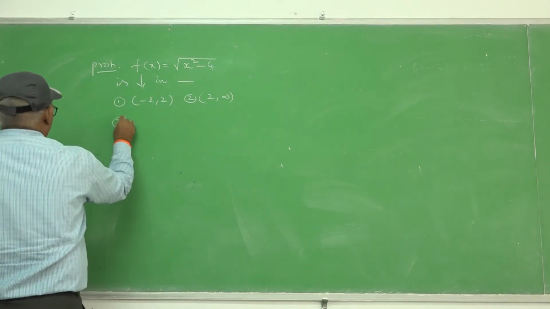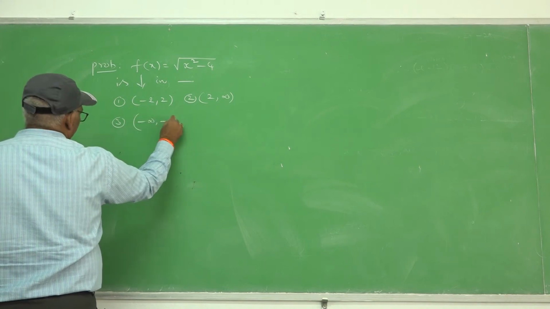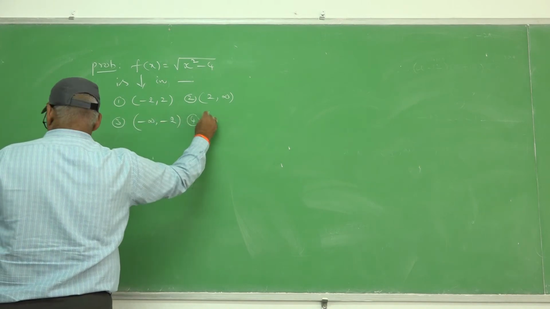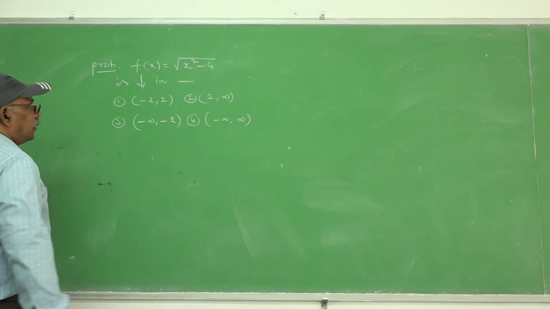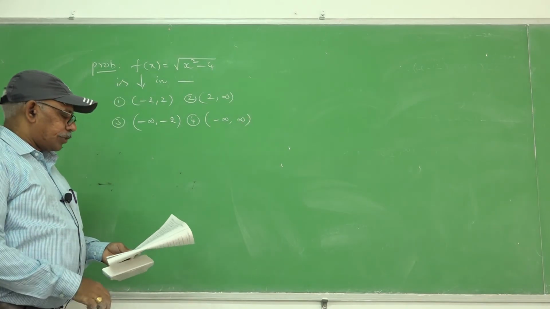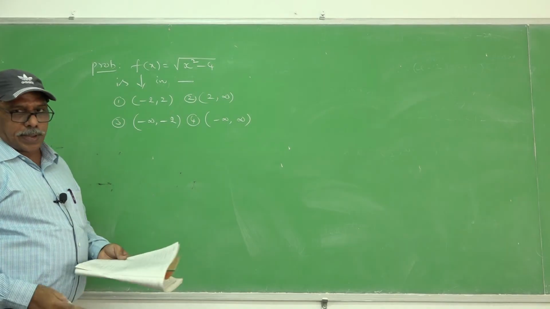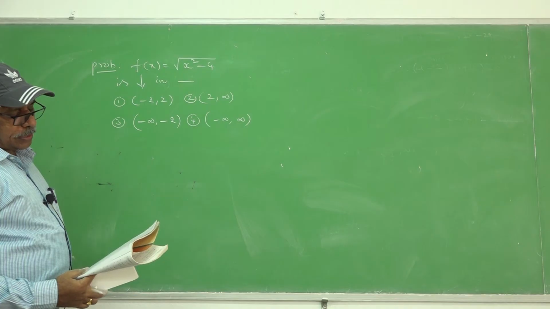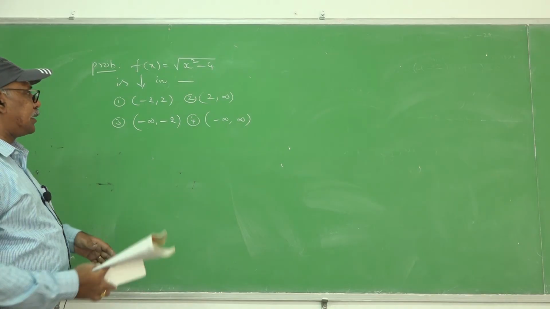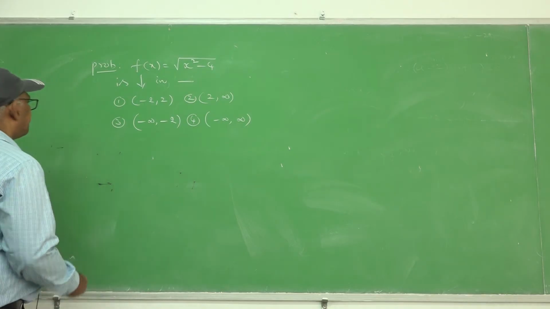The third option is minus infinity to minus 2. The fourth option is minus infinity to infinity. The given function f of x equal to square root of x square minus 4 is decreasing in which interval?